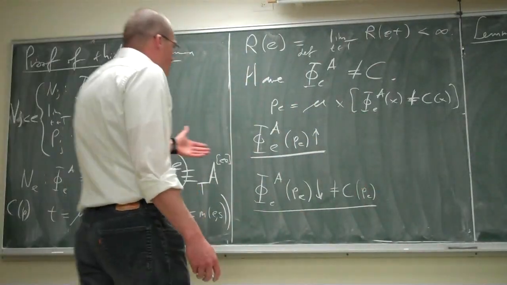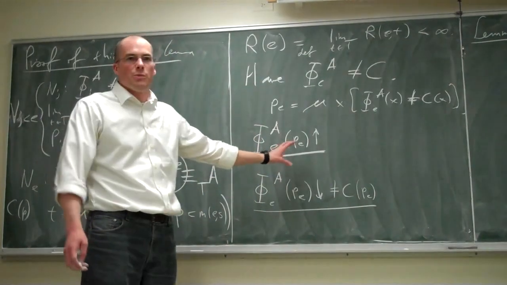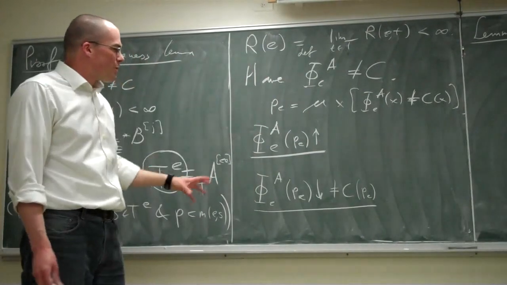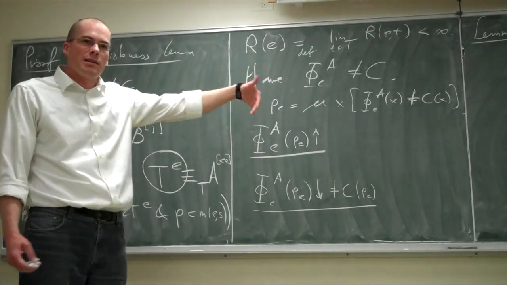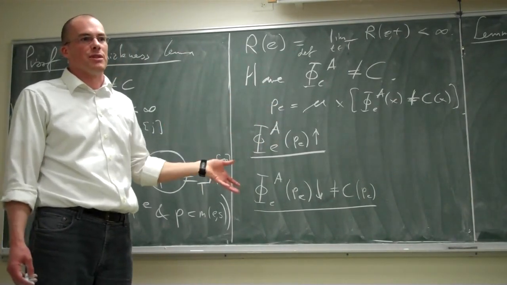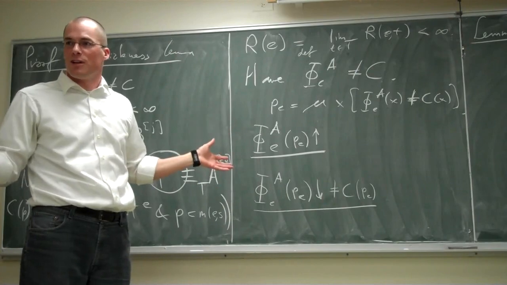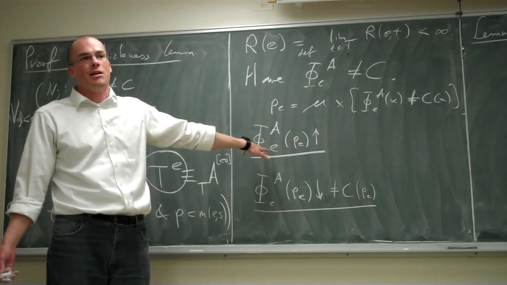Then we say, okay, right? In both cases, we can certainly go towards a stage where all the computations below p_e have converged to their final values. Right? There's finitely many computations there. There's finitely many computations on the A side.